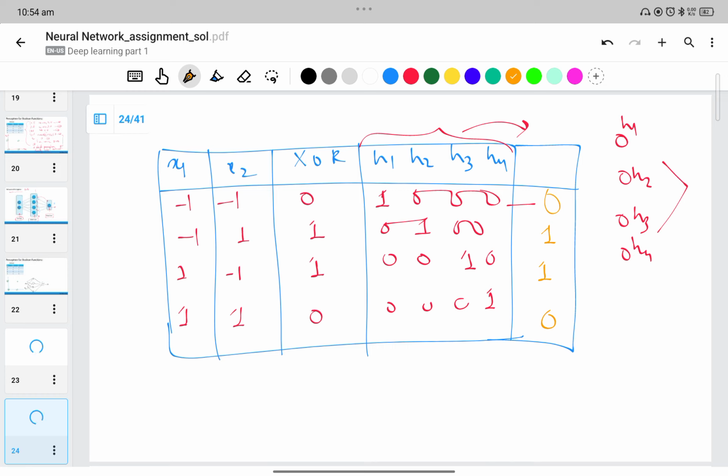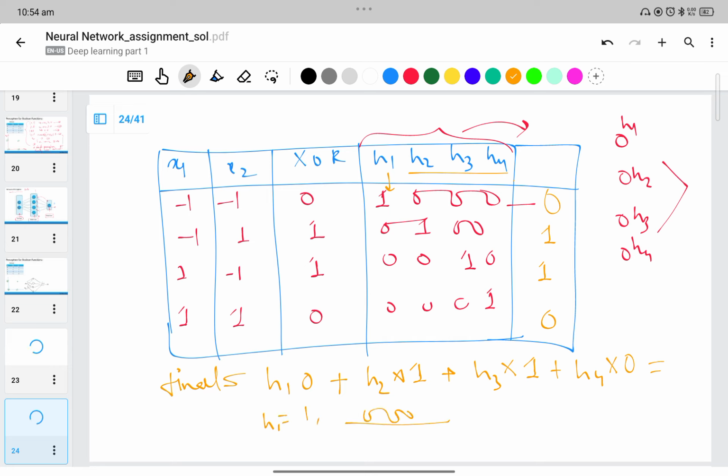So h1 is multiplied with weight 0, h2 with 1, h3 with 1, and h4 with 0. This is the final output. Whenever we put h1 equals 1 and the other 3 equal 0, we get 0, which is what XOR has. So this is correct.